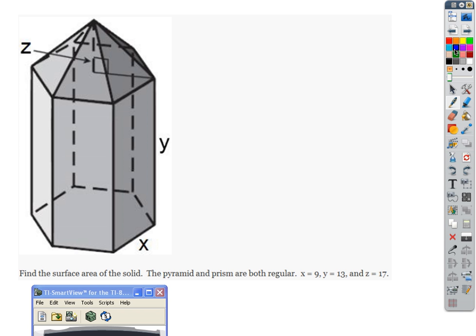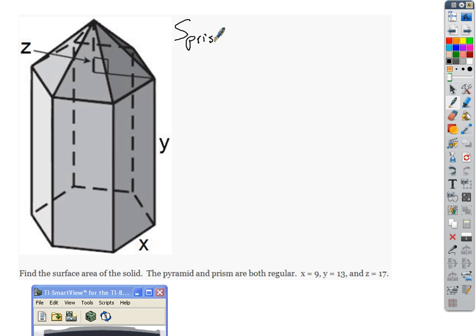So if I look at the formulas for the surface areas, we already know that the surface area of a prism, we've dealt with that today, is 2B plus Ph, where B is the base area, right?